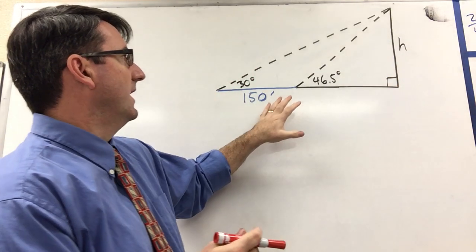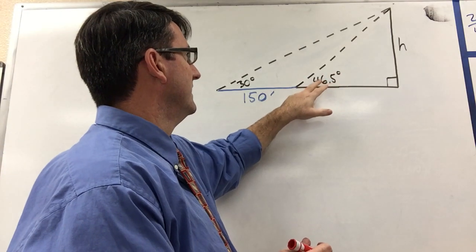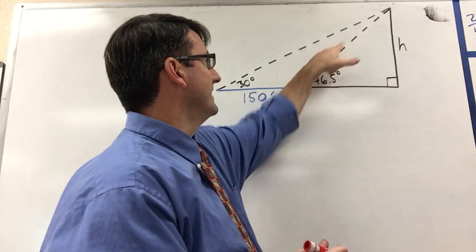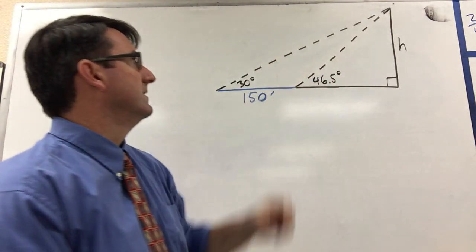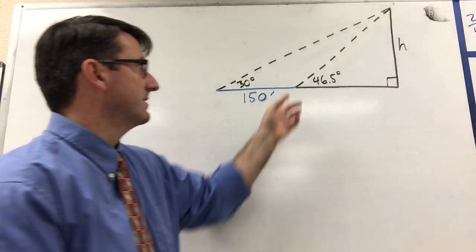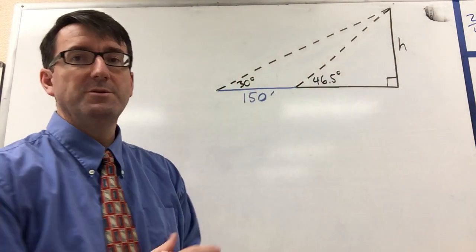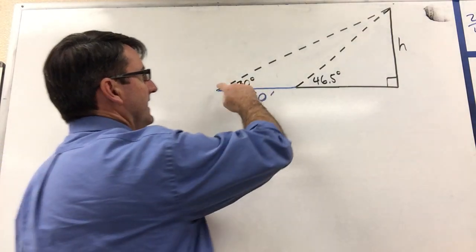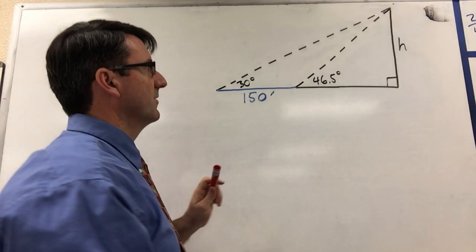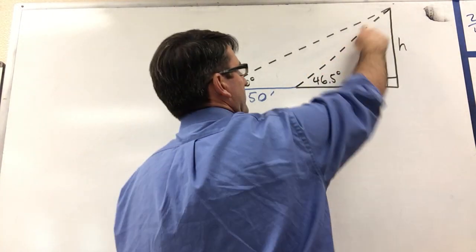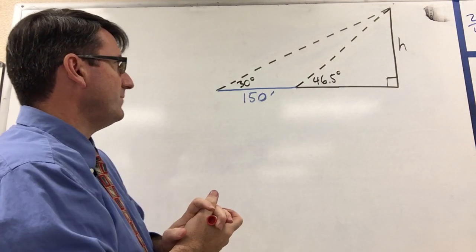What we ultimately want to do is have this angle and some other side of one of the right triangles, either this smaller right triangle or the bigger right triangle. But in order to do that, we first need to find either this hypotenuse for the big triangle or this hypotenuse for the smaller right triangle.